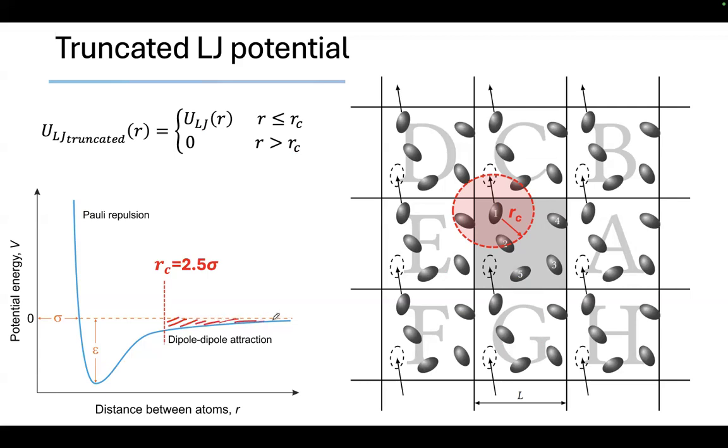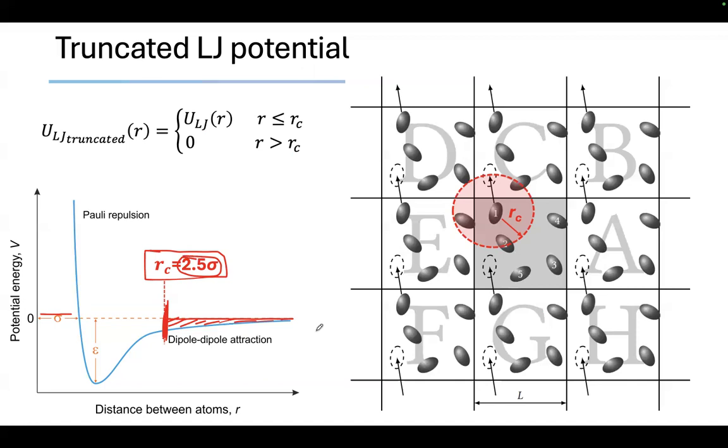So we say that we're only going to calculate interactions up till this particular distance. Now, for distances greater than this particular RC, which is say 2.5 sigma, in which sigma is the distance here, if you neglect all these interactions beyond 2.5 sigma, then this will have an effect on your molecular simulations, on your results.